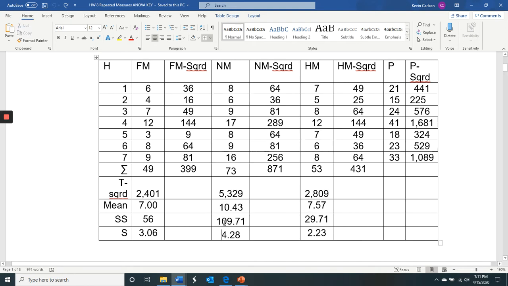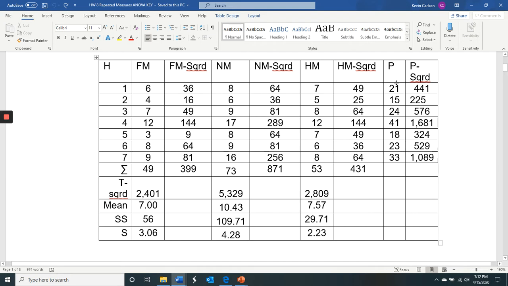I can find the sum of squares and standard deviation for new moon with the online calculator, and then I can put these scores in for half moon and find the sum of squares and standard deviation. Those steps are exactly the same as what we had for the one-way ANOVA, so you're probably pretty familiar with those. And then we have the P that we need to do for repeated measures.